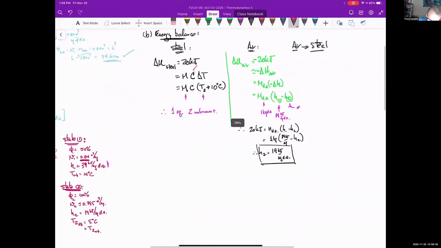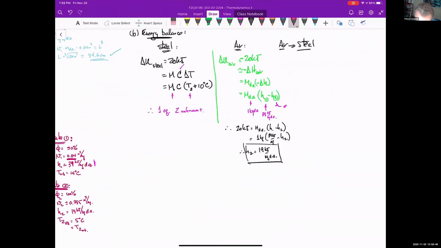So this is an important observation here because I can go back now to my equation 1 when I'm saying that my air to the steel, so really what we were saying is at steady state, T of steel 2 is equal to T of air at 2.